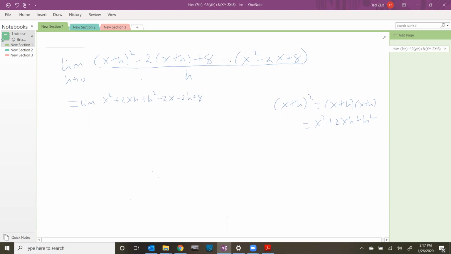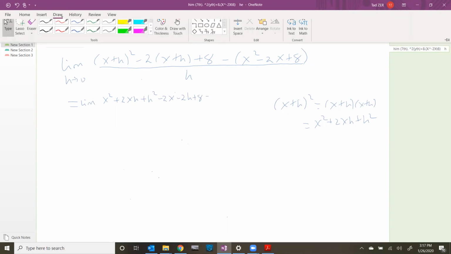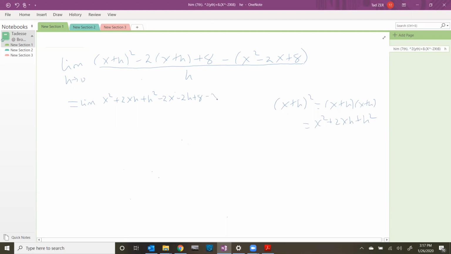Let's distribute the minus here. So that will be minus x squared plus 2x minus 8, then everything divided by h, as h approaches 0.